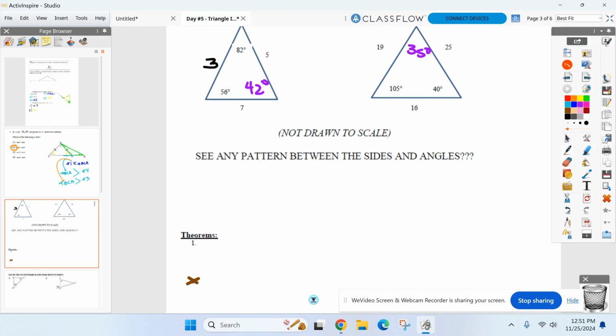All right, everyone's got the 42 degrees filled in triangle 1 and 35 degrees filled in triangle 2.